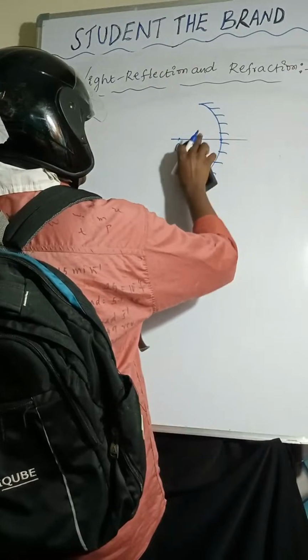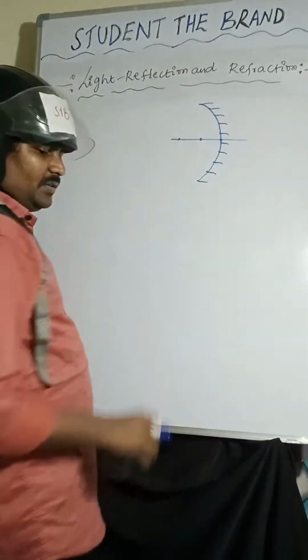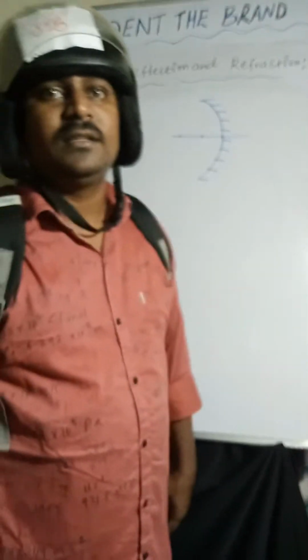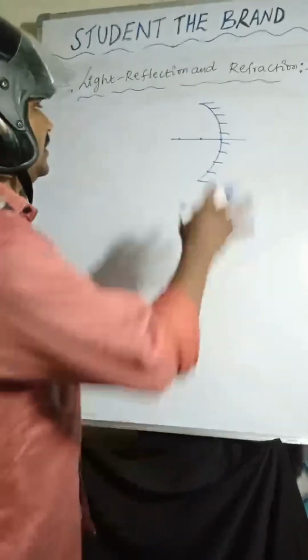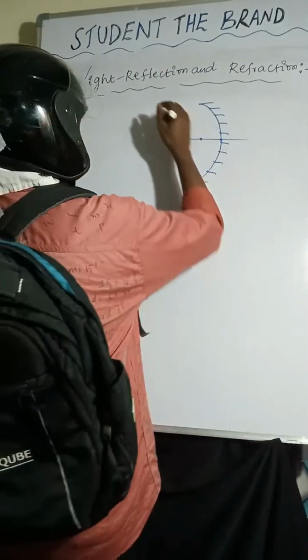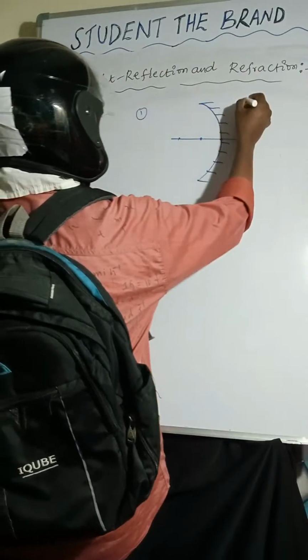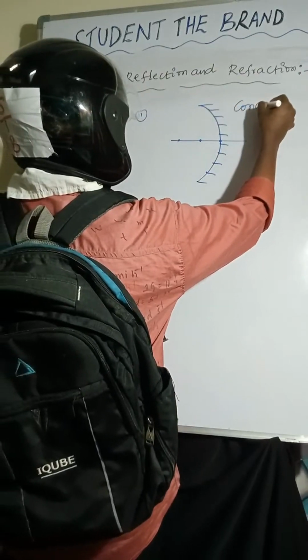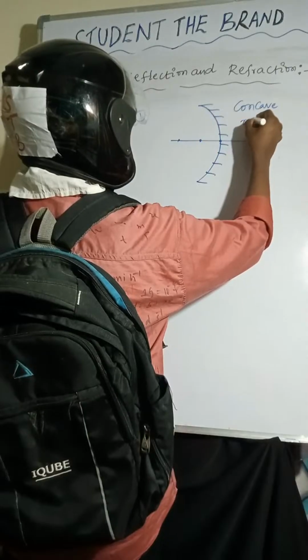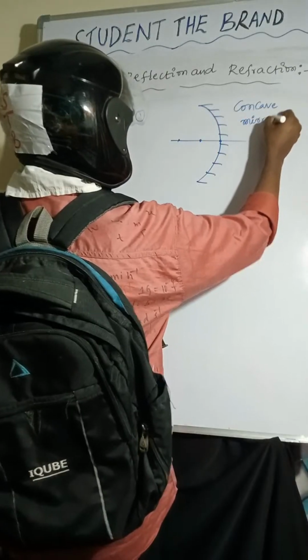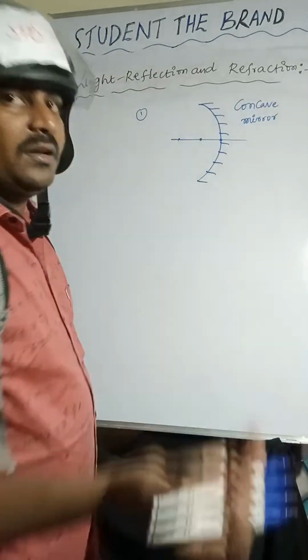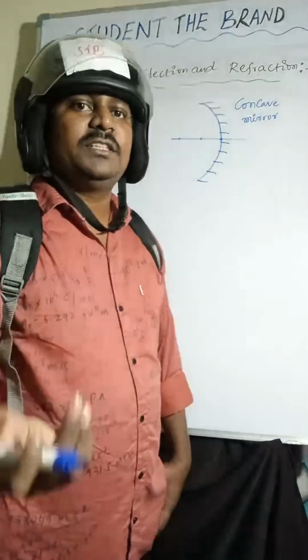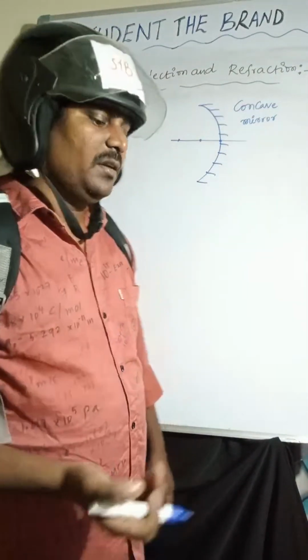First we'll discuss only the concave mirror and the convex mirror. The mirror whose reflection takes place inward is called a concave mirror.